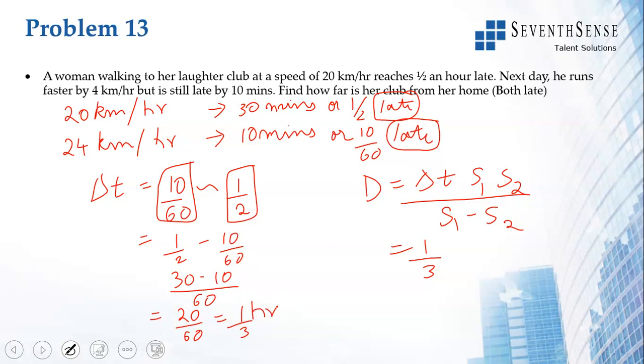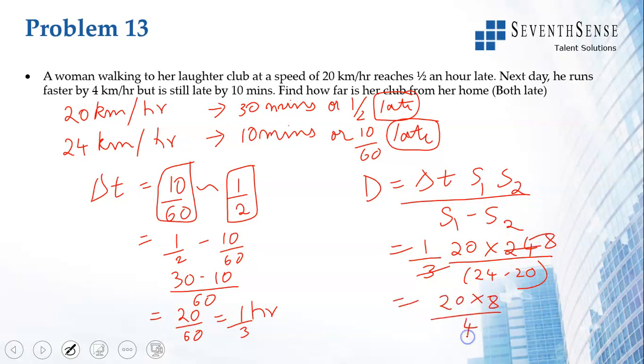So S1, S2 is 20 into 24 by 24 minus 20. So 20 into 8 by 4, which is equal to 40 kilometers. 40 kilometers is the distance that she covers from the laughter club to her home.